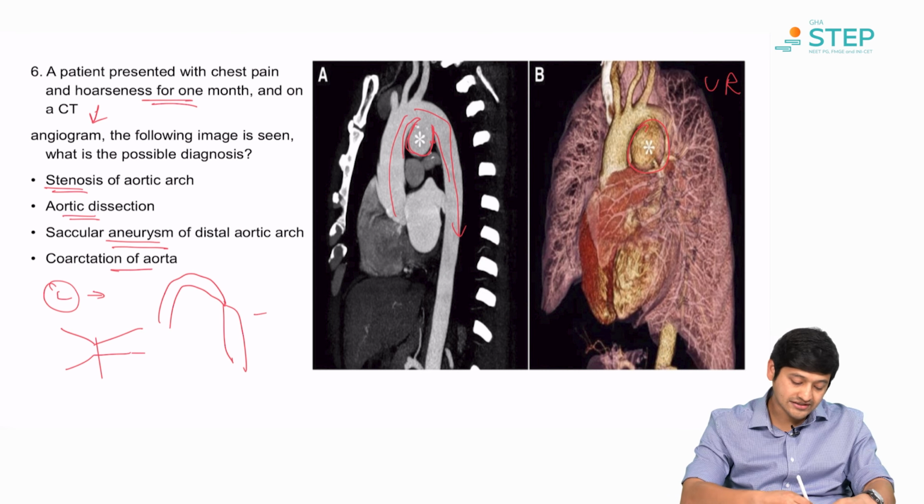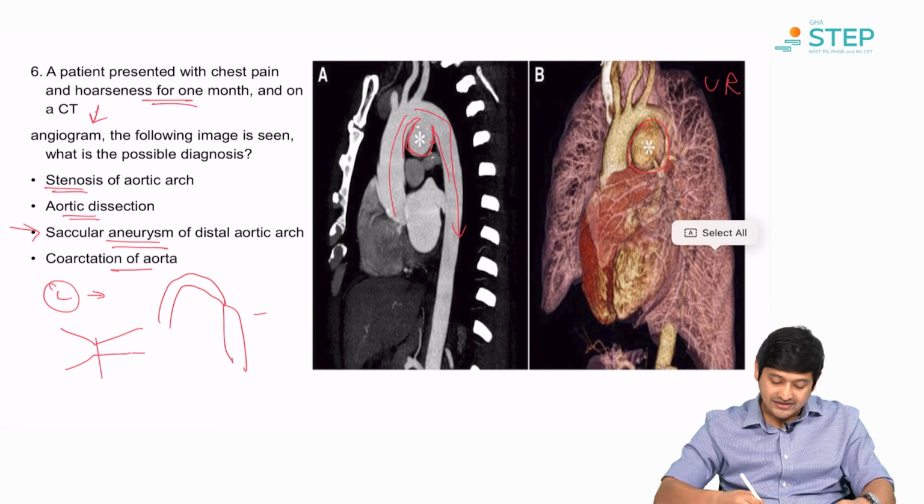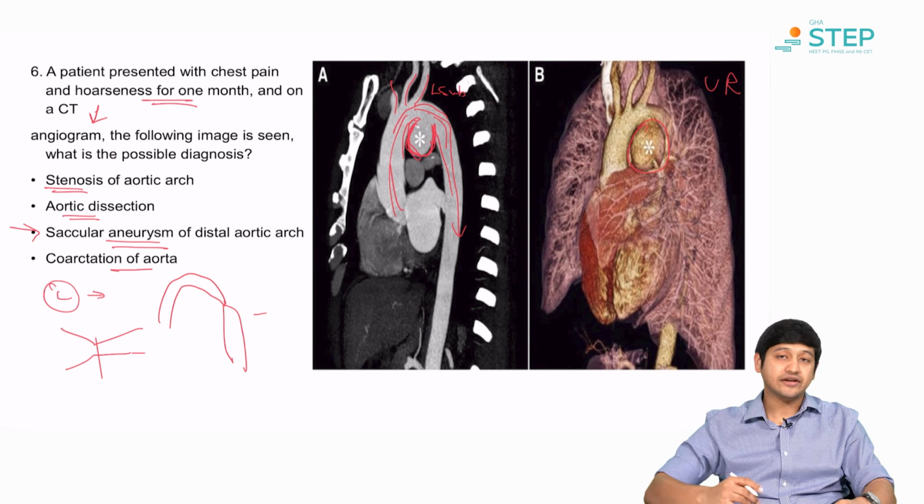So your answer here is a saccular aneurysm of the distal aortic arch. You can see the ascending aorta here, the arch of the aorta, the branches of the arch. The last one becomes the left subclavian, following which you have the descending thoracic aorta. At this point of transition, you have a saccular aneurysm.